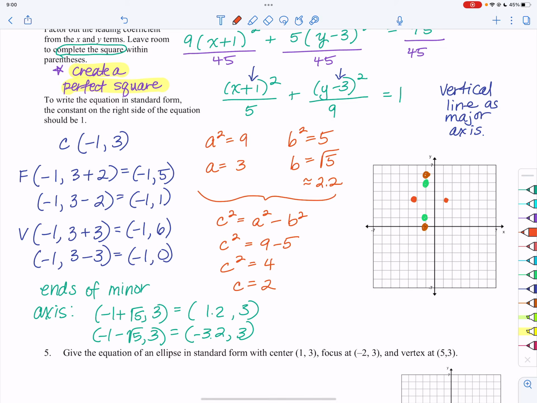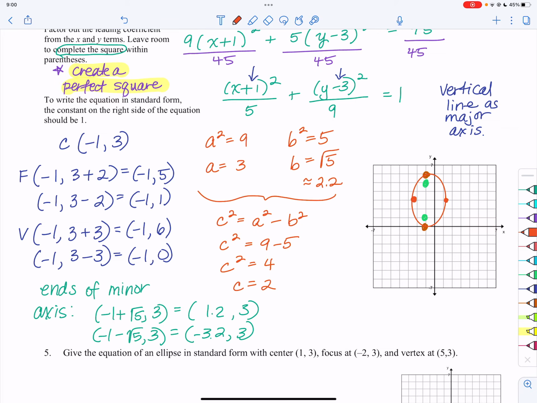Now that looks good. And so, as you can see, we have an ellipse. It looks like about that. Okay, that's a little off, but not going to be perfect.